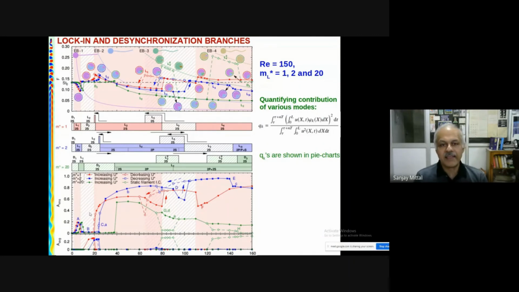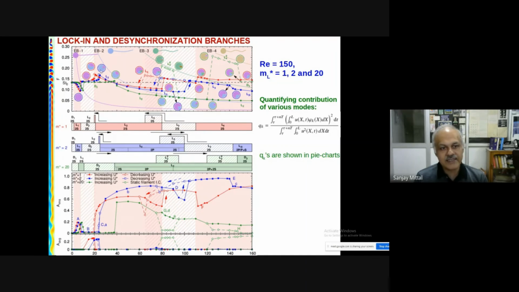And then Furkan was also able to figure out what is the mode that contributes to the energy of the vibration. So for example, this red one is m star equal to 1, and at this u star, you can see primarily the pie chart has a purple color in it. So it is primarily the first mode.